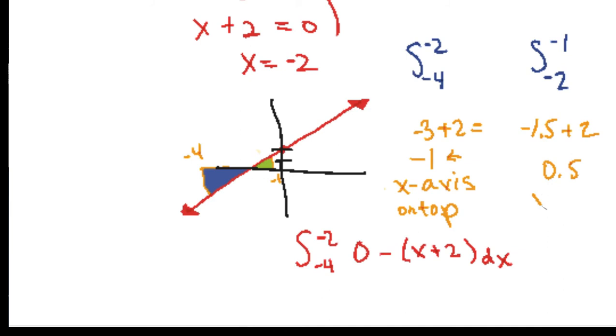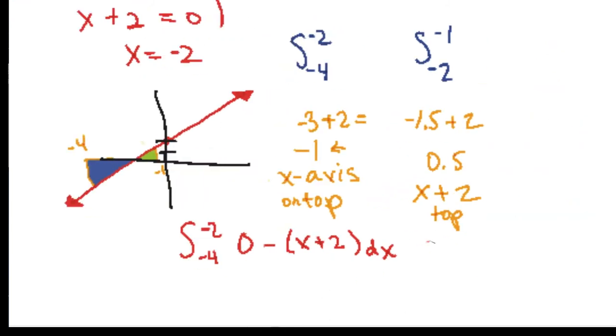That tells you that x plus 2 is on top now. So without graphing, we're able to determine the top and the bottom function. So the second integral would be from -2 to -1 of x plus 2 minus 0 dx.